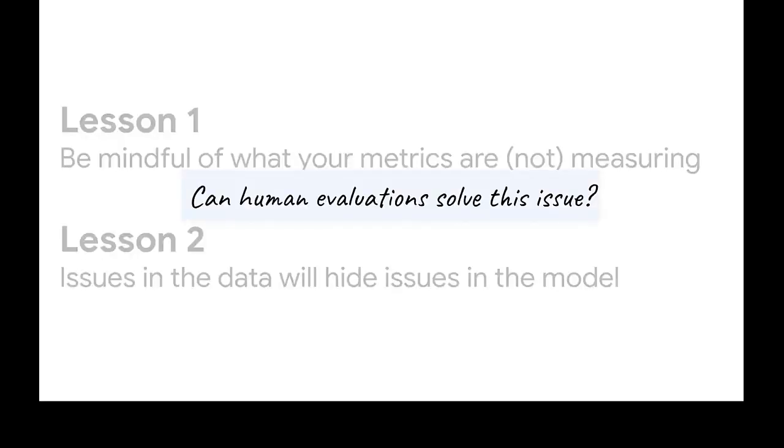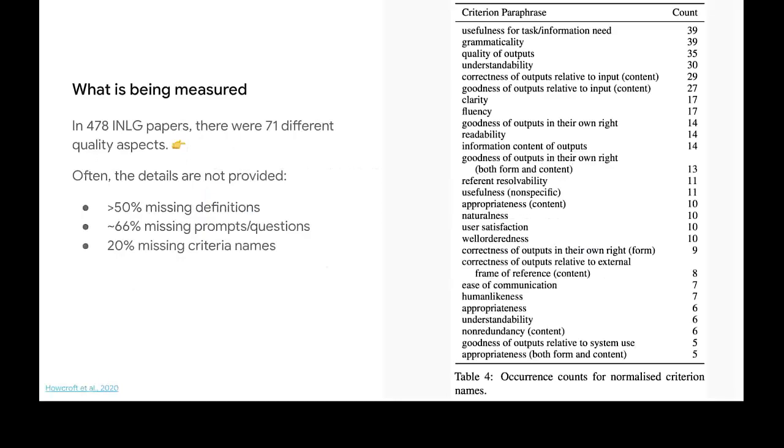So, as I was mentioning earlier, human evaluation is often seen as this savior that can solve these issues. Well, there's also a lot of confusion here. Take, for example, this survey that came out at the end of 2020, which looked at almost 500 papers and found that there were 71 different quality aspects, which is good because, as I was mentioning, it's very individual.